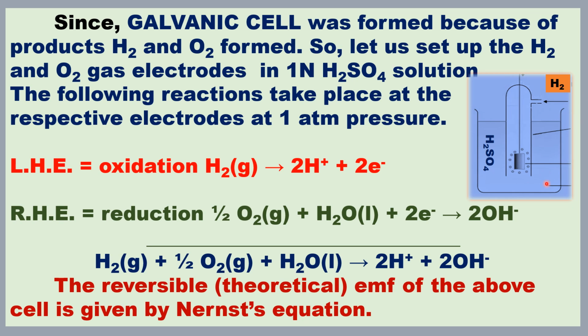So let us set up the hydrogen gas electrode, and we have the oxygen gas electrode, let us connect. I have not shown it here, let us take the oxygen gas electrode in one normal sulfuric acid solution. The following reaction takes place at the respective electrodes.